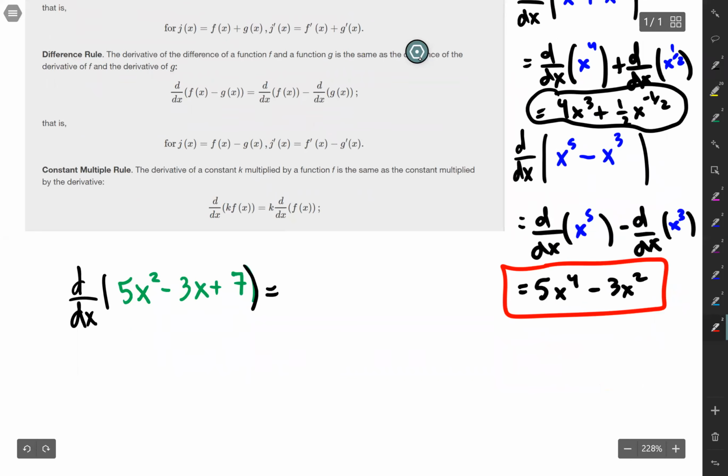Okay, and in the last example, we're going to have to apply the sum, difference, and the constant multiple rules all at one time. So this says that we're going to take the derivative of, and if we're using the constant multiple rule, that says that we're going to have 5 out front, and then the derivative of x squared, minus 3 times the derivative of x, and then plus the derivative of 7.